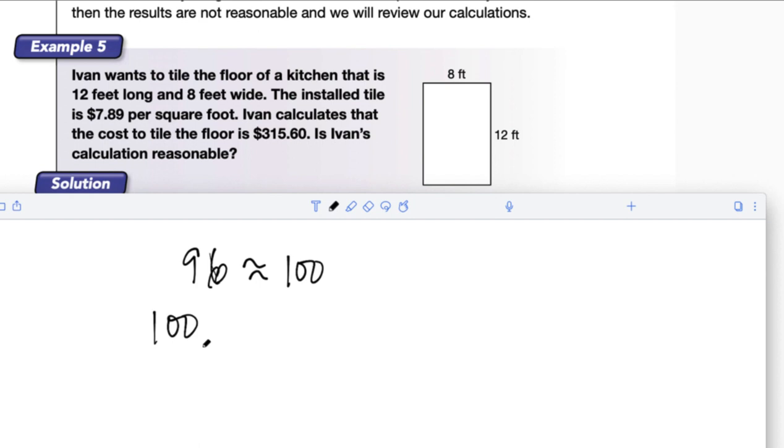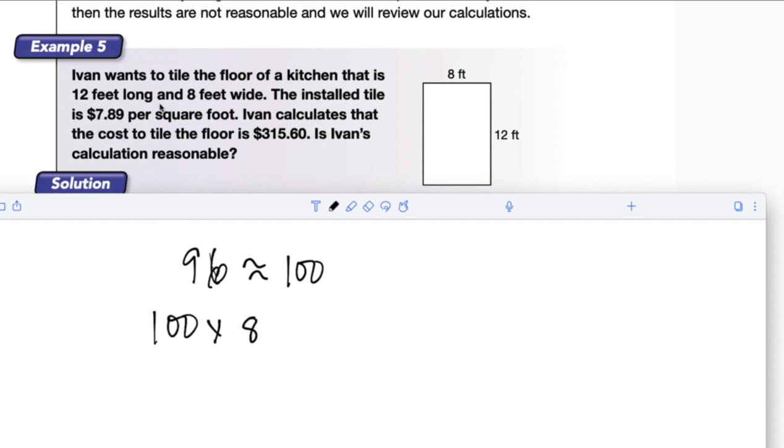So let's say he's going for 100 tiles, and each tile is going to cost $7.89 per square foot. And what this 100 represents is our approximation of the square footage here. So that makes sense. If I take this number, 7.89, I want to multiply it by 100. I could do it, but I could also just look at this as 8.